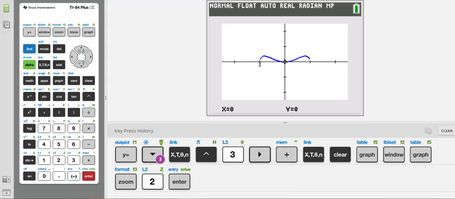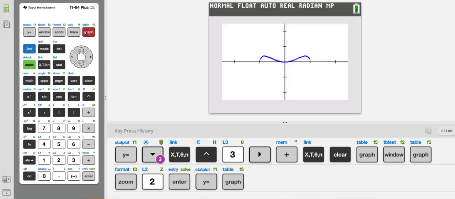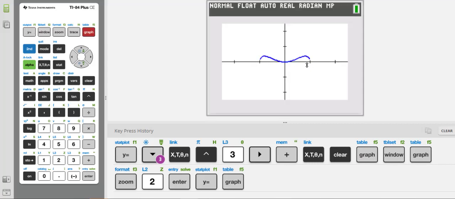What this tells us is that our function is only defined from -1 to 1, which makes sense when you think about that function itself. If x is bigger than 1, you get a negative inside that square root. If x is smaller than -1, you get a negative inside the square root. So that's why we're only seeing this function defined on x values -1 to 1.